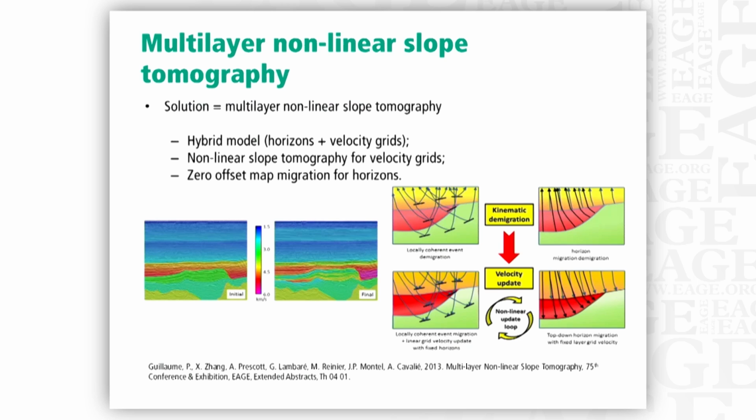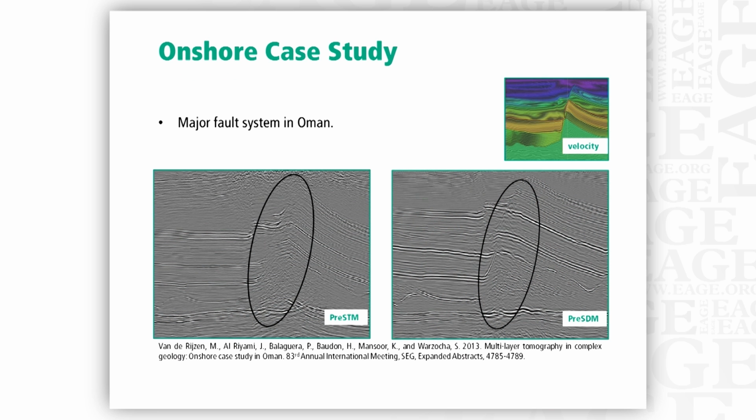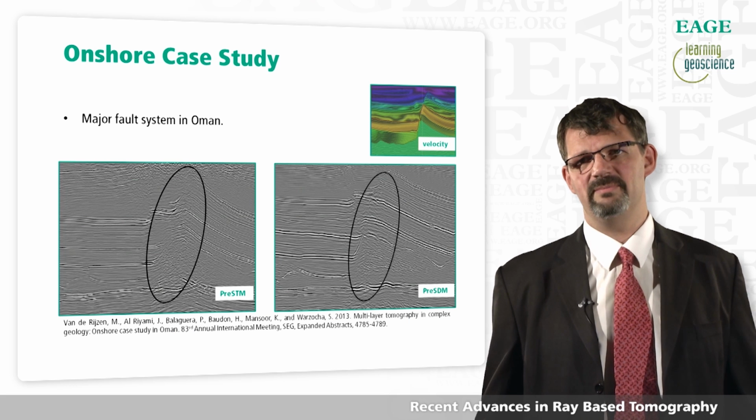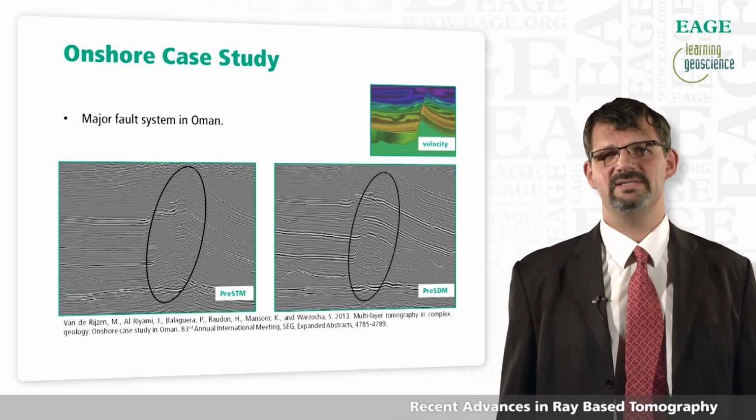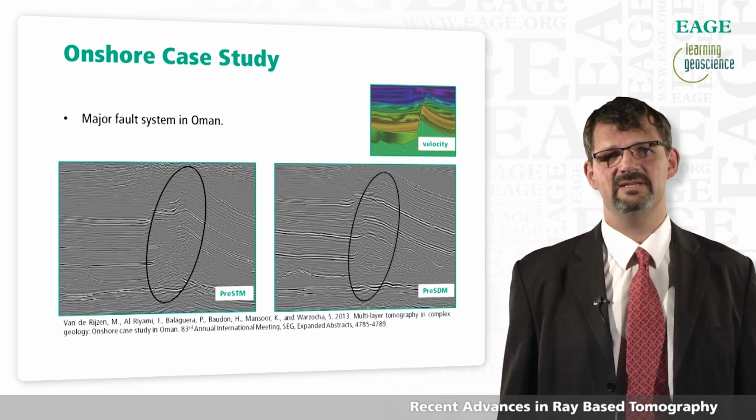So rather than the North Sea case study, I would like to emphasize this one, which is an onshore case study in Oman, where you see a major fault system greatly improved in terms of imaging by using this approach for velocity model building and also depth imaging as compared, on the left, to the pre-stack time-migrated image.